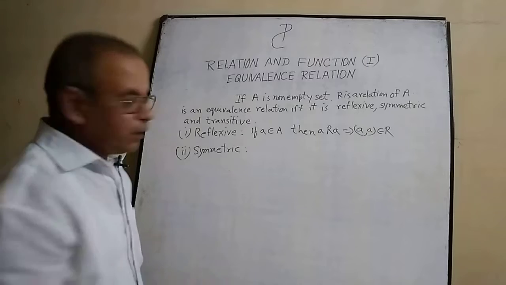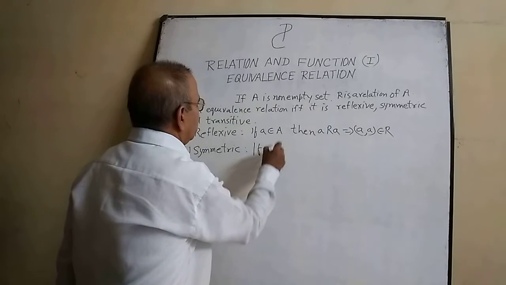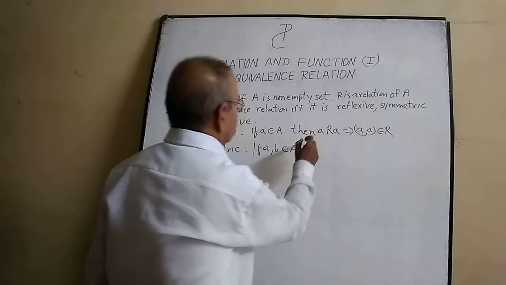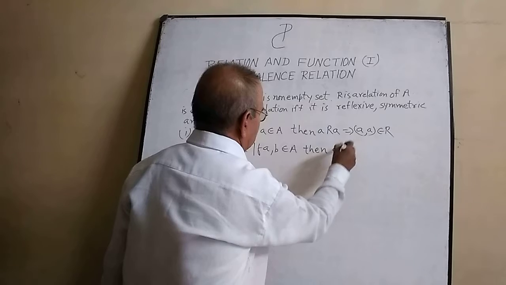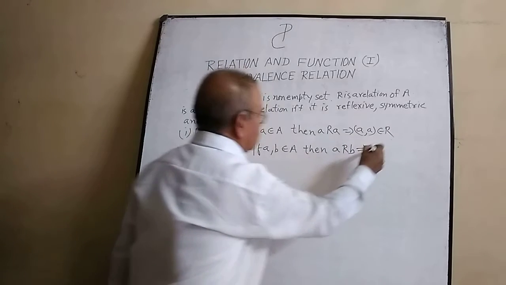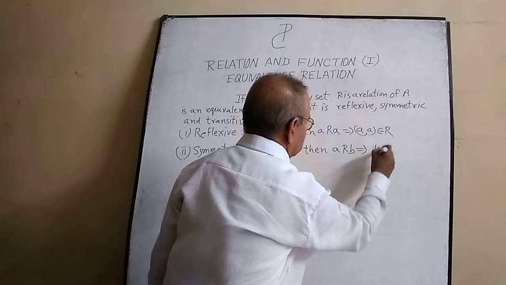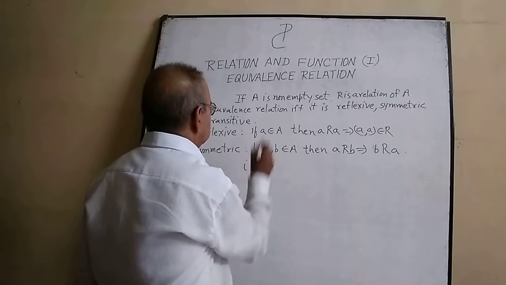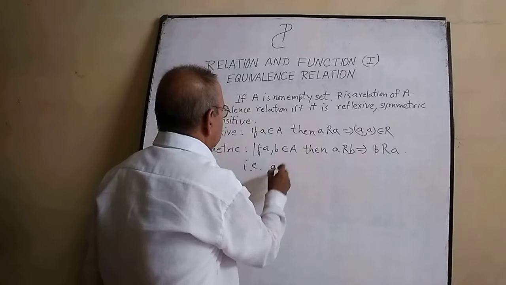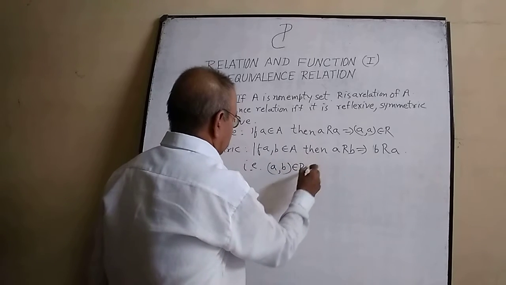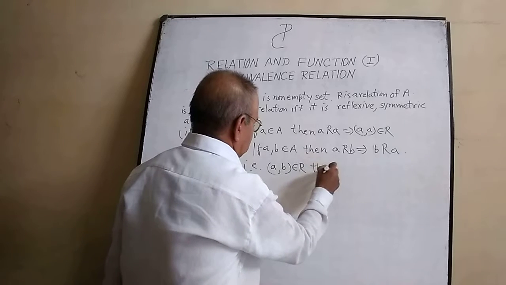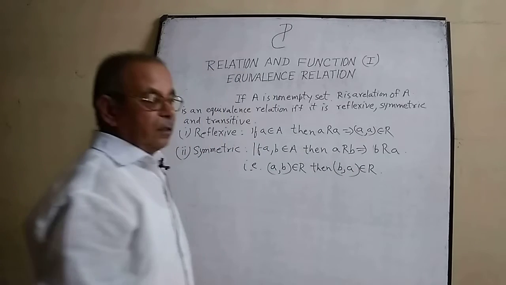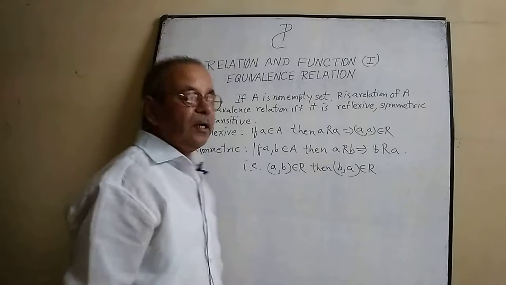In symmetric relation, if a, b belong to A, then aRb implies bRa. Or we can say that if (a, b) belongs to R, then (b, a) also belongs to R. This is the symmetric relation.